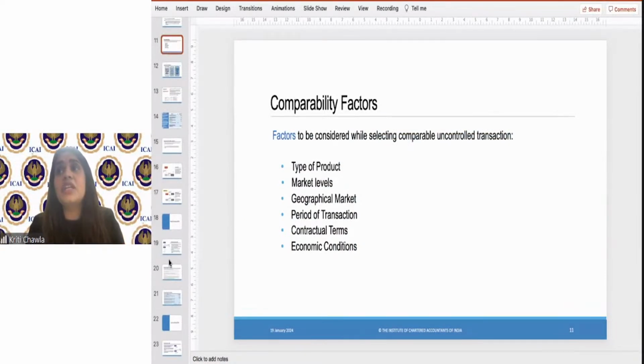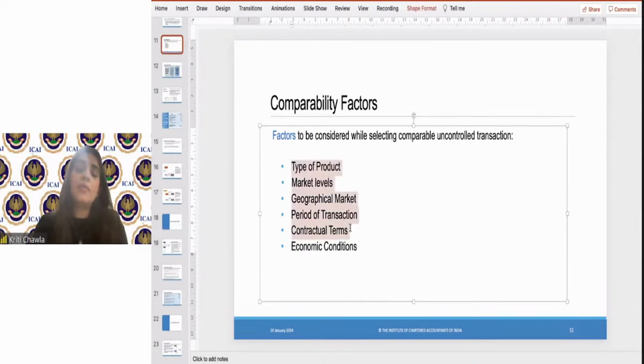The second question that runs in my mind is, you've talked about all these factors, and you said strict comparability is required, but this is very, very specific. What if I'm not able to find a particular entity which satisfies all these things? Maybe I find everything, but one thing is absent, which is the geographical market.